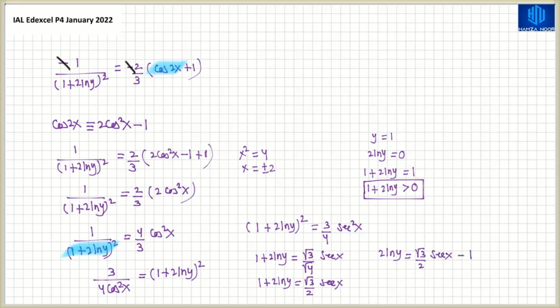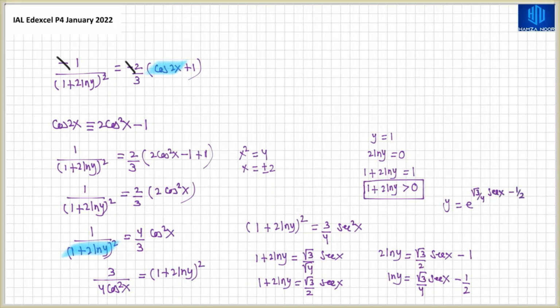So if you make ln y the subject, this will be equals to under root 3 over 4 multiplied by sec x minus half. And therefore when you make y the subject, y will be equals to e raised to the power under root 3 over 4 multiplied by sec x minus half, and therefore this is the required form which we need to achieve.